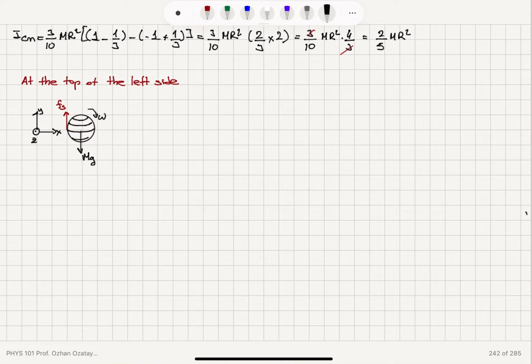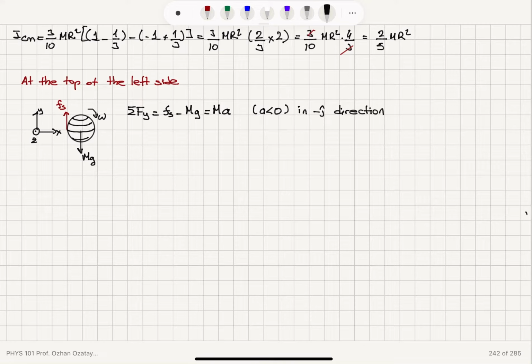So if I look at the net force on the y-axis, the net force on the y-axis will be the static friction minus the weight of the marble. That will be equal to m times a, and a will turn out to be negative. It's going to be in the minus j hat direction.